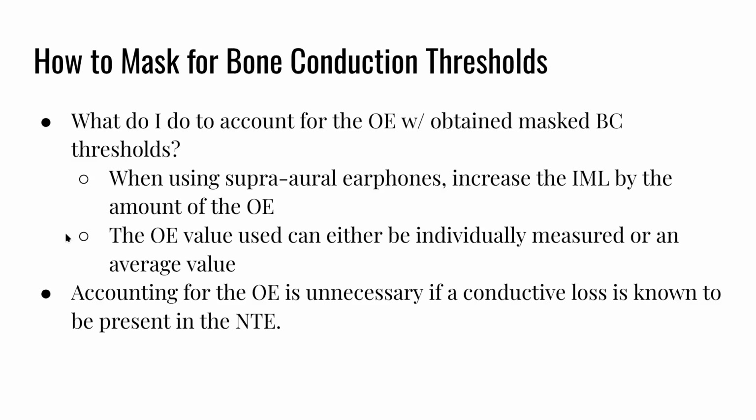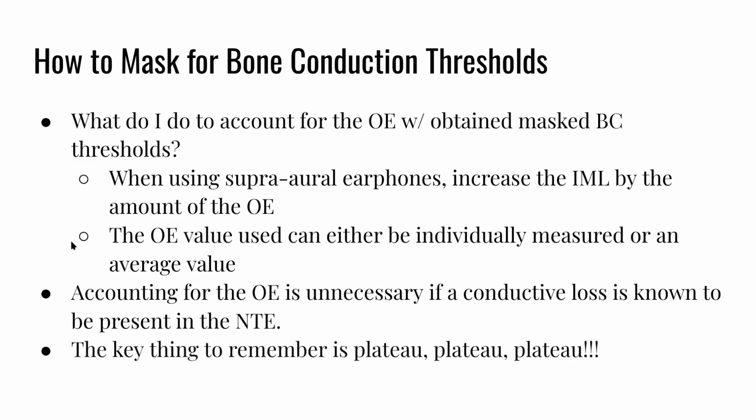It's minimums for interaural attenuation levels, averages for the occlusion effect. Accounting for the occlusion effect is unnecessary if a conductive loss is known to be present in the non-test ear. If we don't know if there's a conductive component, then we do need to account for the occlusion effect. The key thing to remember is plateau, plateau, plateau.